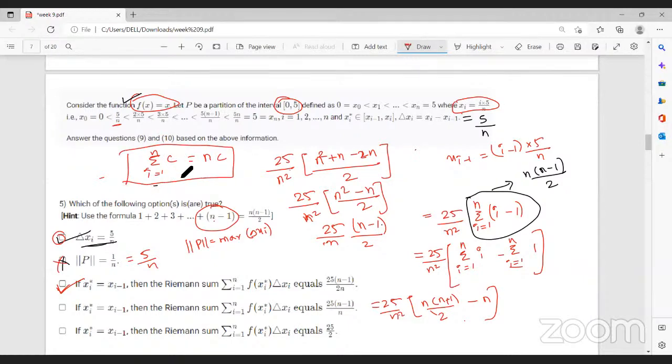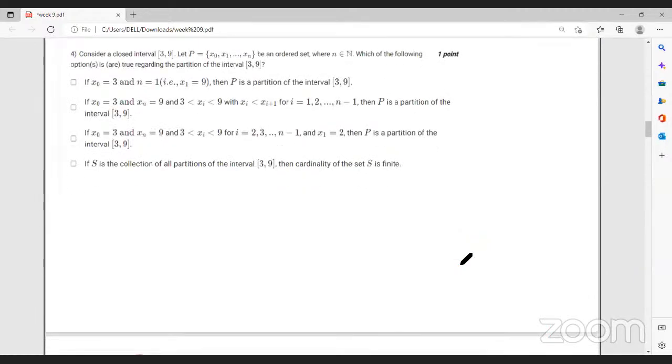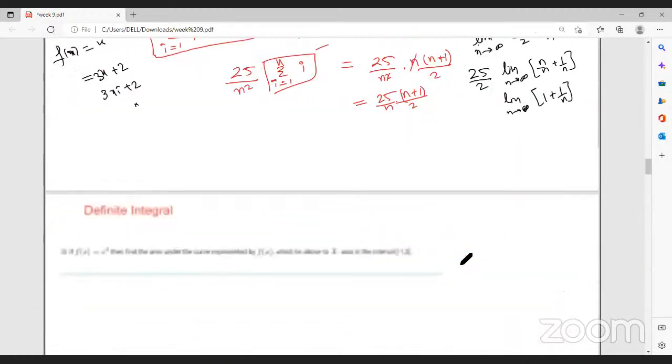In the exam, either a hint will be given or this type of hint will be given. So you can directly use this formula, or whatever I have done here, I have stated the summation. You can do that also. Any doubt in this question, in Riemann sum?